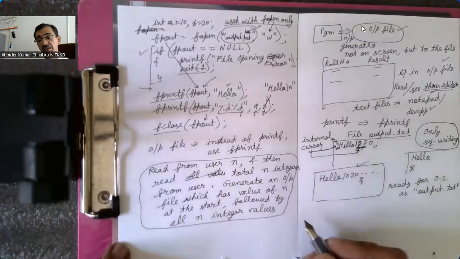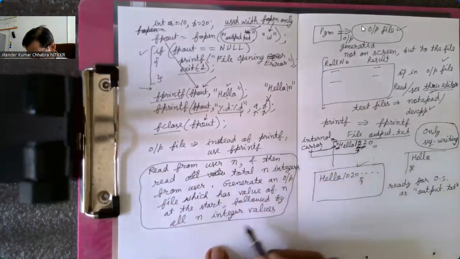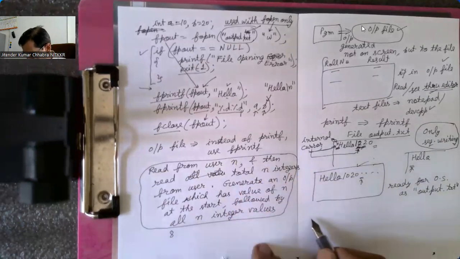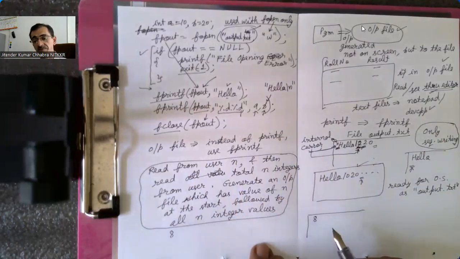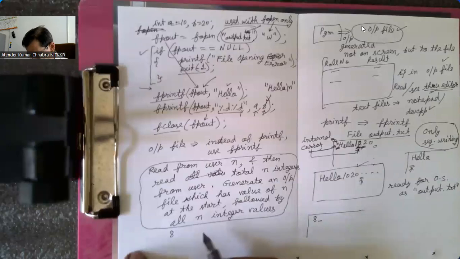Meaning, for example, if my n is 8, I want an output file to be created, which will initially have 8 here, followed by space for the next integer values.